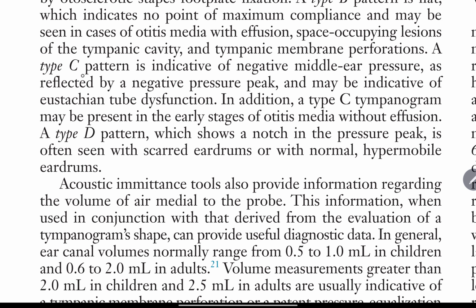A type C pattern is indicative of negative middle ear pressure as reflected by a negative pressure peak and may be indicative of eustachian tube dysfunction. In addition, a type C tympanogram may be present in the early stages of otitis media without effusion. A type D pattern, which shows a notch in the pressure peak, is often seen with scarred eardrums or with normal hypermobile eardrums.